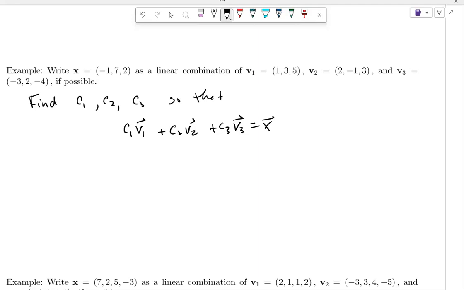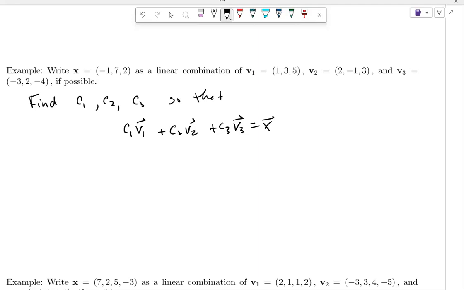That's what it means, right? It says write x as a linear combination. We just have the definition of linear combination, right? Constant times the first vector, constant times the second vector, constant times the third vector, add them up. Okay? Doesn't matter what the vectors are, that's what that means.